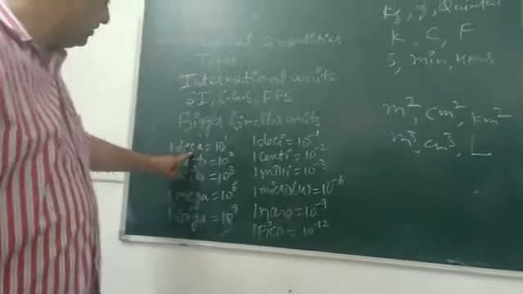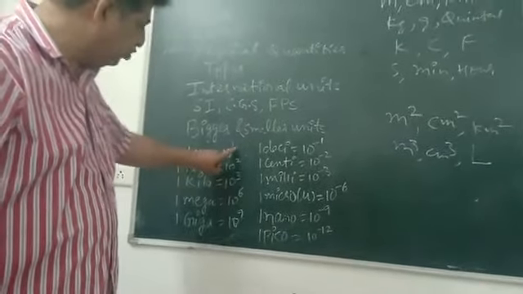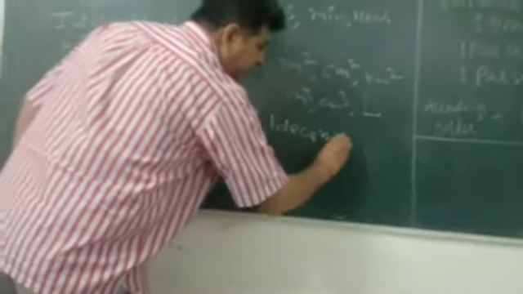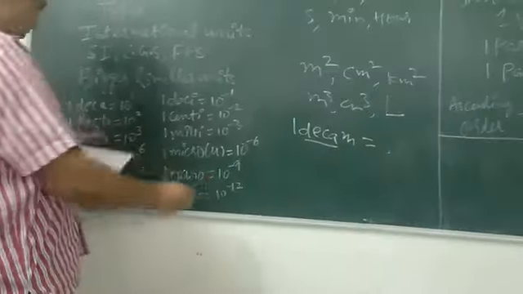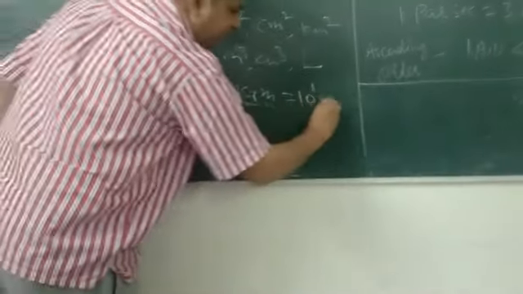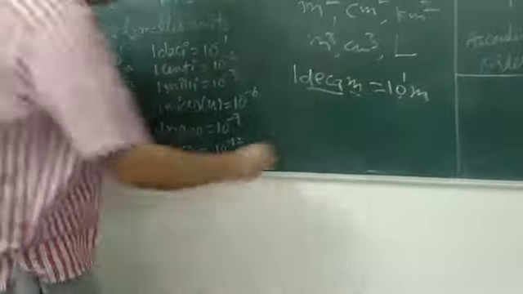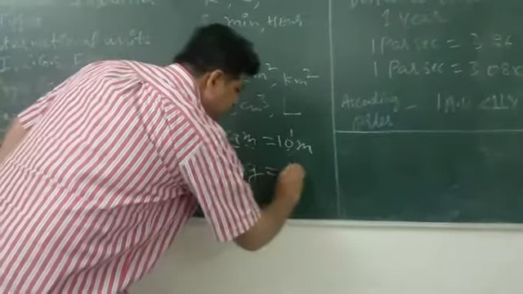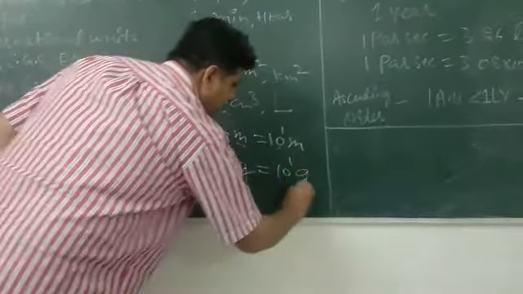Like for instance, deca. Deca is 10 raised to the power 1. So if I write 1 deca meter, it becomes 10 power 1 meter. If I write 1 deca gram, then it becomes 10 power 1 gram.